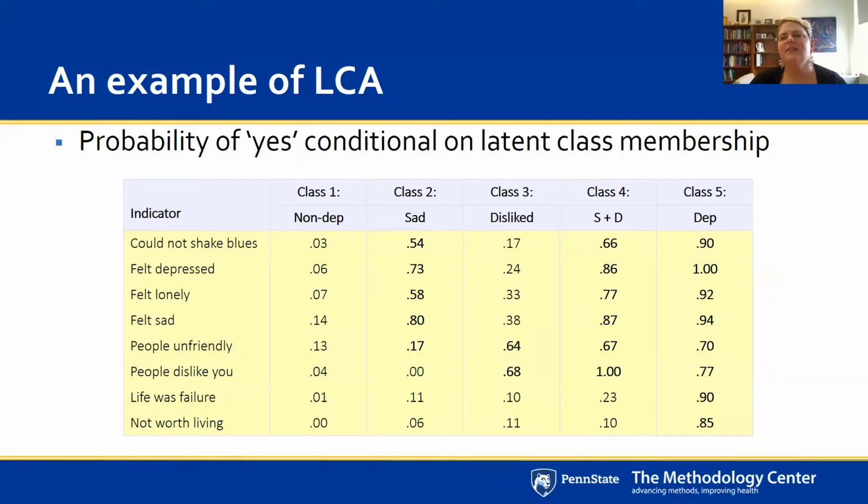But as an intervention scientist, I might be particularly interested in the people who are in class 2 and class 3 because perhaps they're subclinical and I want to prevent them from escalating in their depression. But also they might require different intervention programs. People who are feeling sad might require an intervention program to get them more engaged in a wide variety of activities, whereas people who are feeling disliked might require an intervention focused on cognitive reframing or something like that.